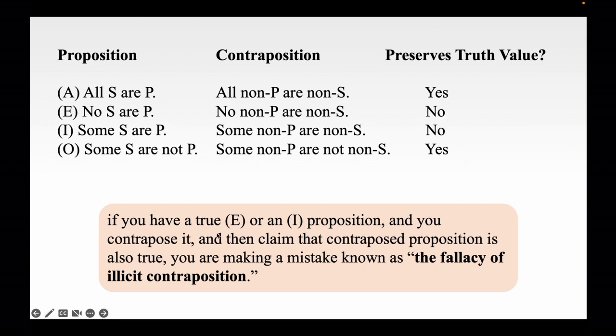So if you have a true E or a true I proposition, and you contrapose it and then claim that contraposed proposition is also true, you have to be careful, because you would be making a mistake known as the fallacy of illicit contraposition.